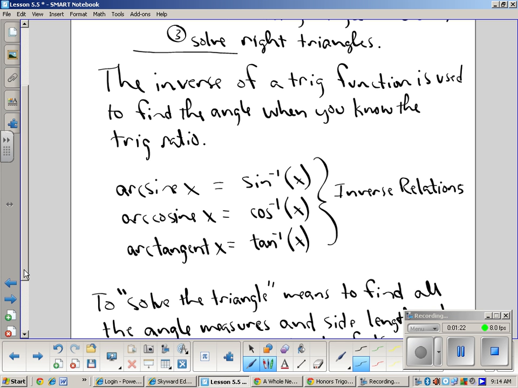These are called inverse relations. We don't call them inverse functions.